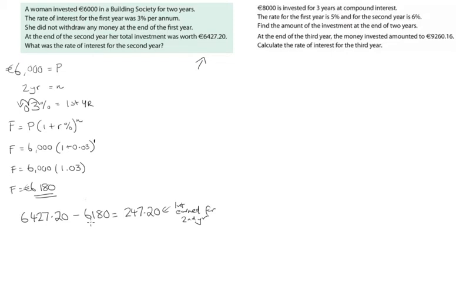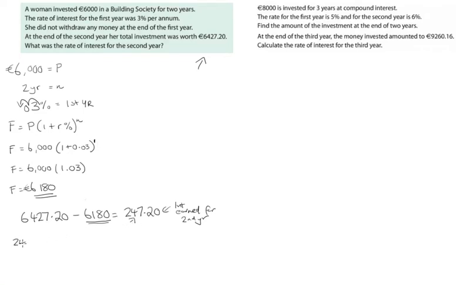Now, this essentially is the principal for that second year, because this is how much money she had in the bank at the end of the first year and at the start of the second year. So if we find what percentage of this is, we'll be able to find out the interest rate.